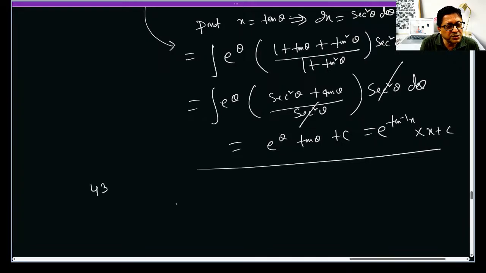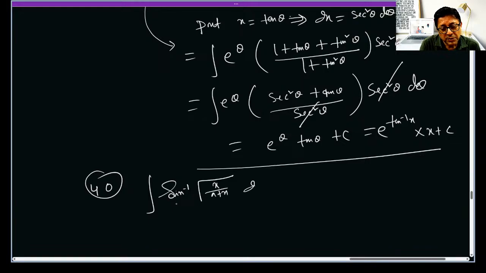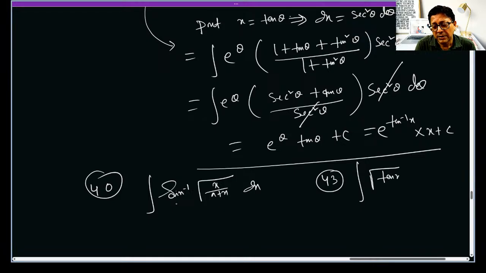Now how to do this one, root 10x dx, and 40 also. I have this one also, 40 in the book. You think about both sums, and then 43, number doesn't matter, these types of sums matter.